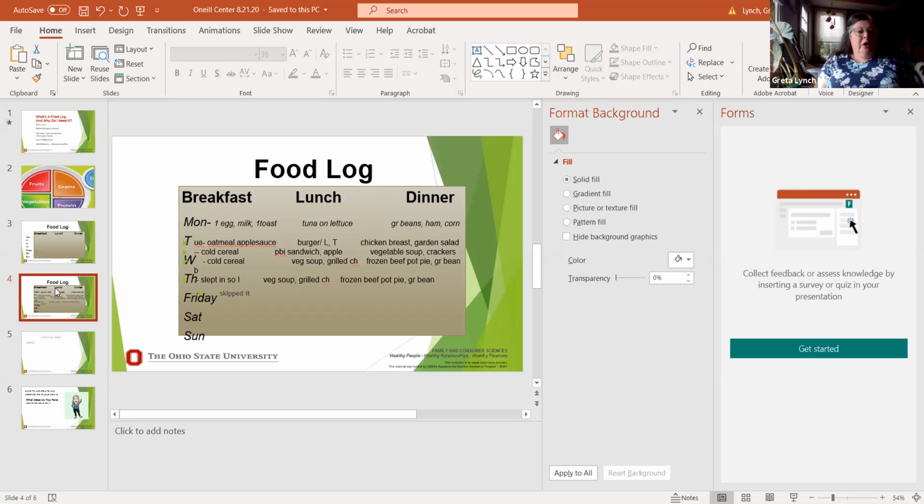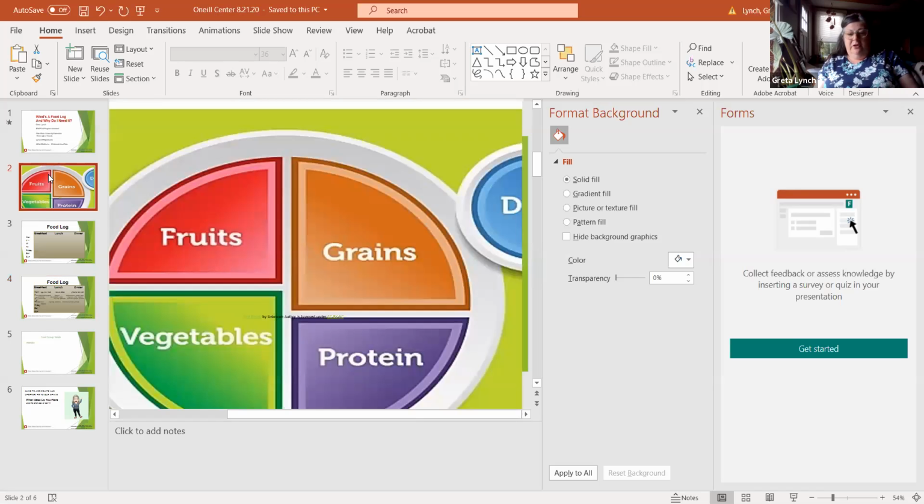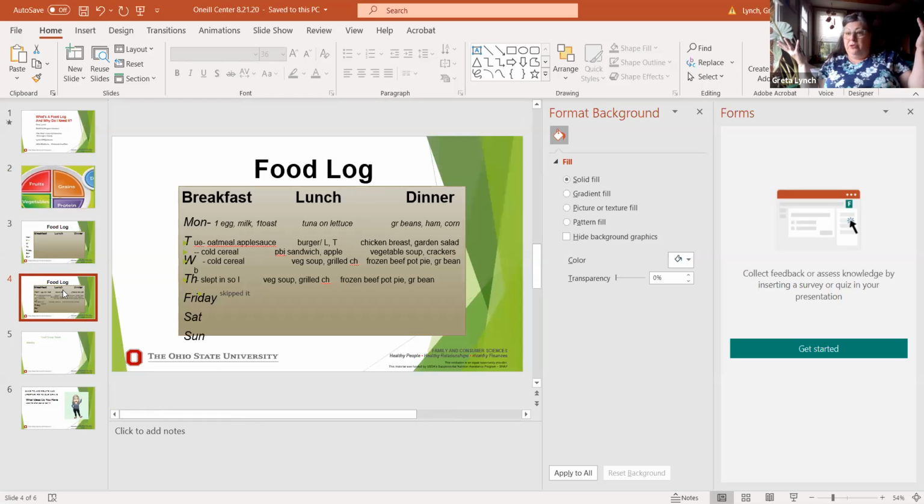But when you look at Monday, who can tell me what food group is absolutely nowhere represented? There are the 5 food groups. Let's go back and look at all 5: dairy, grains, proteins, vegetables, fruits. No fruit. Yes, I totally skipped a fruit.